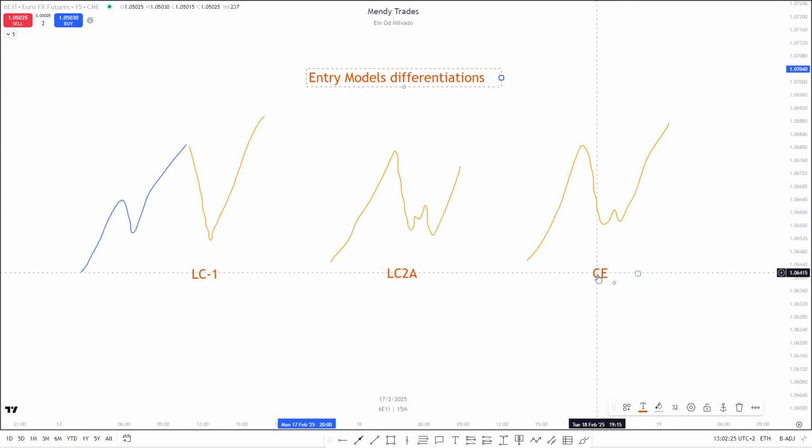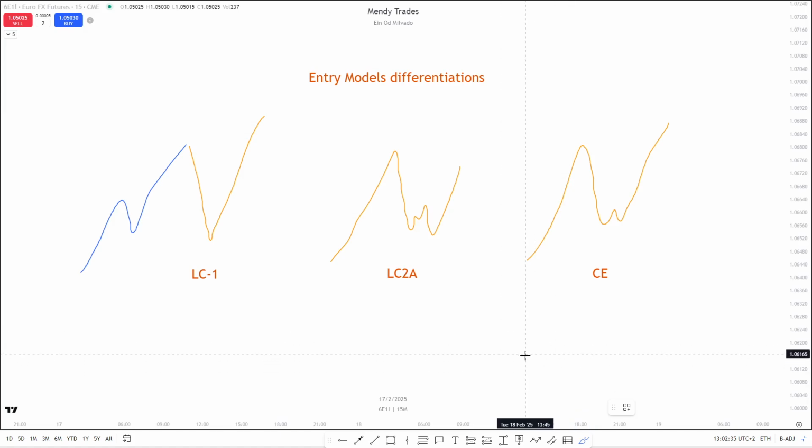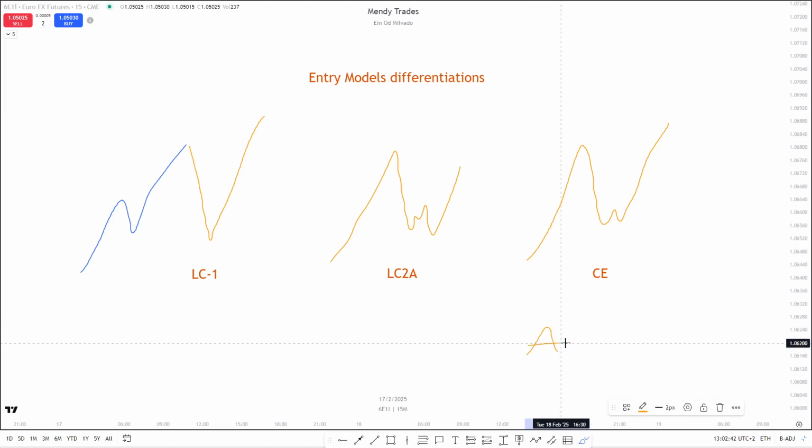That's actually a good question, because the CE contradicts the LC2A. Why? Because on CE, on confirmation entry, we want to see a structure being built, and after the confirmation, we take the mitigation of the lower time frame.